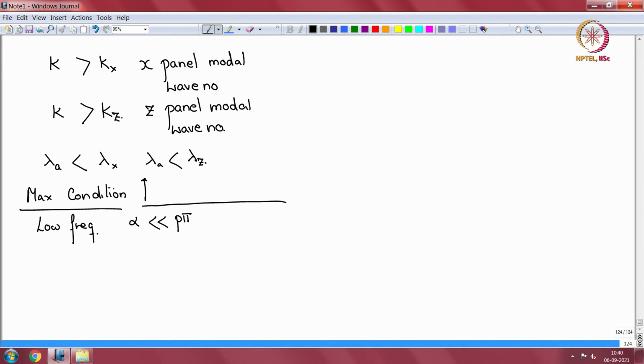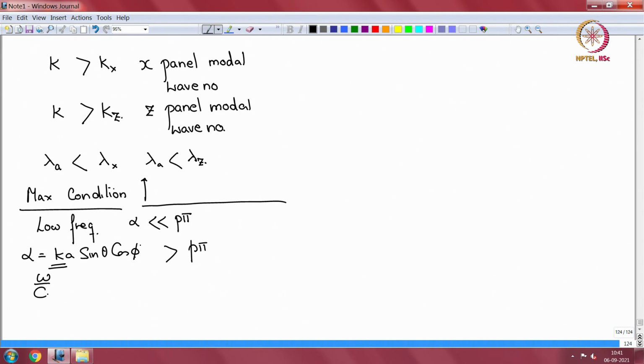I suddenly mentioned low frequency. Let me just say this, that alpha carries k a sine theta cos phi, and we said this has to be greater than p pi for good radiation.